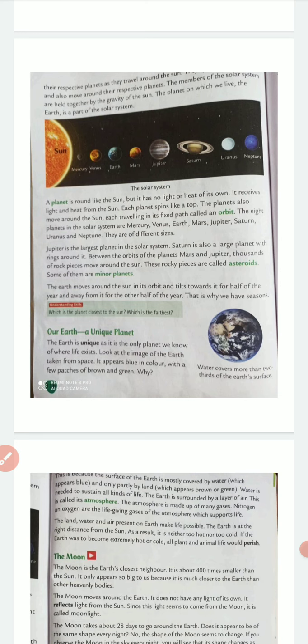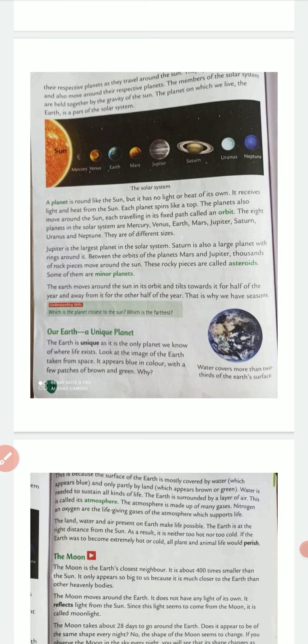Coming to the Earth. Our Earth, a unique planet. The Earth is unique as it is the only planet we know of where life exists, whether it's life in the form of plants or animals, humans.